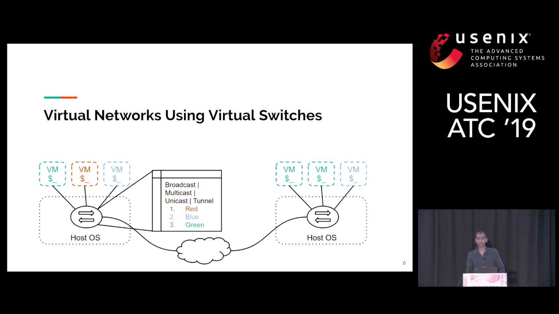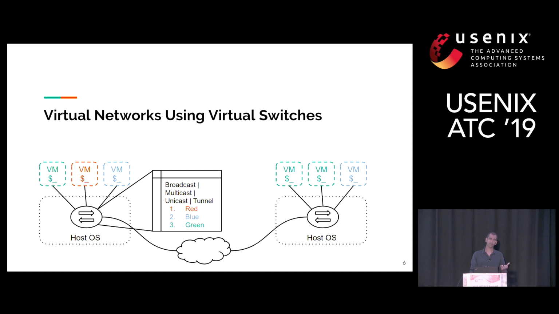Isolation between the different VMs is enforced at the virtual switch by configuring it with flow rules or forwarding rules, as well as a tunneling protocol like VXLAN for connectivity and isolation across the servers.